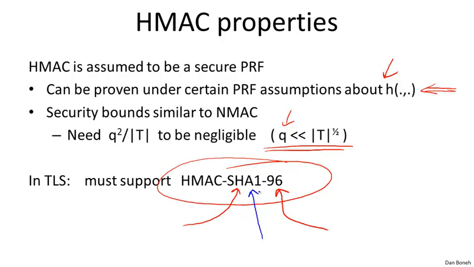Well, it turns out it's actually fine because the analysis of HMAC doesn't need SHA-1 to be collision resistant. All it needs is that the compression function of SHA-1 be a PRF when either input is allowed to be the key. And as far as we know, that's still correct for the underlying compression function of SHA-1. Even though it might not be collision resistant, as far as we know, it's still fine to use it inside of HMAC. So this is the end of our discussion of HMAC, and in the next segment we're going to look at timing attacks on HMAC.